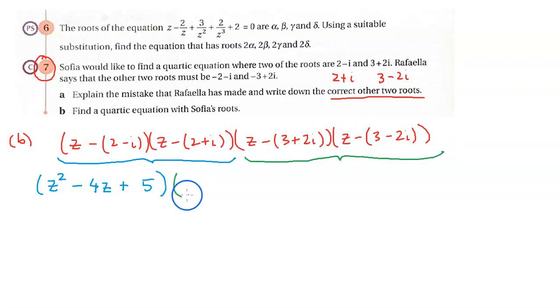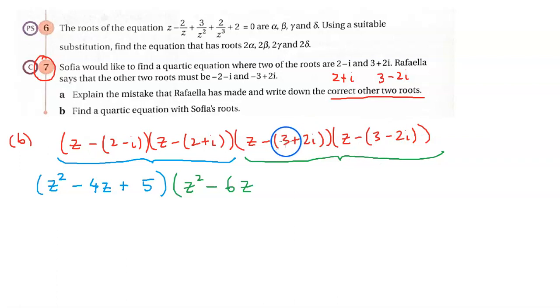And we can do the same for the other pair. So z times z is z squared, and it's going to be minus 3 times z and minus 3 times z. So that would be minus 6z. The i components cancel out for that middle term. And then the last part is just minus 3 plus 2i times minus 3 minus 2i.